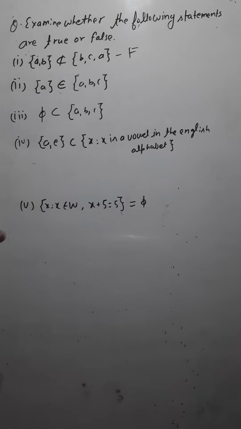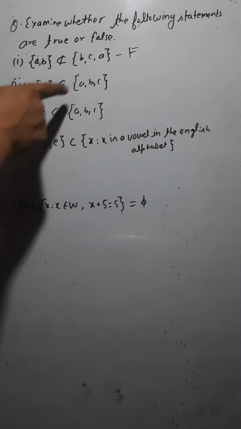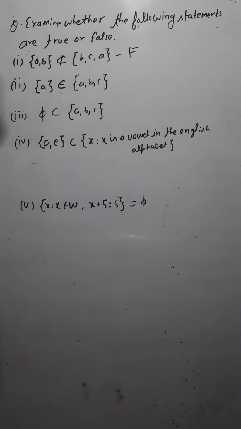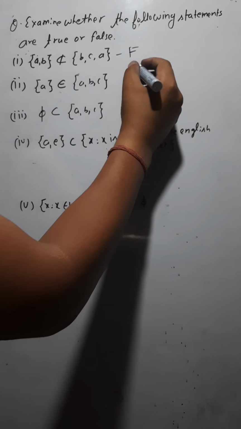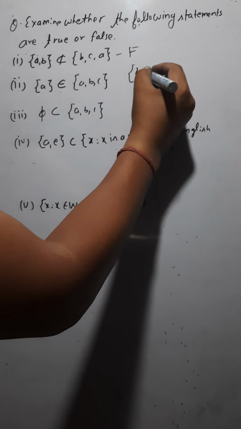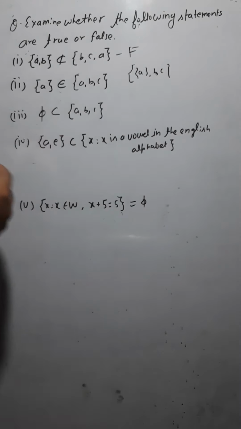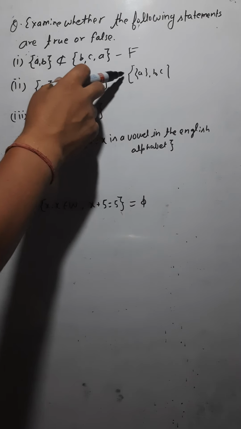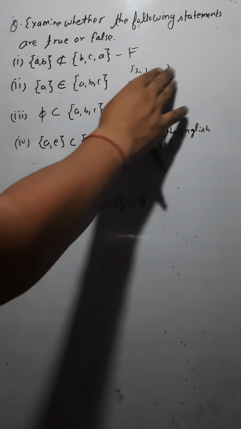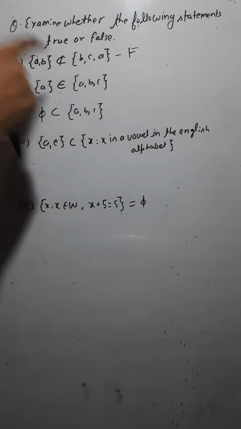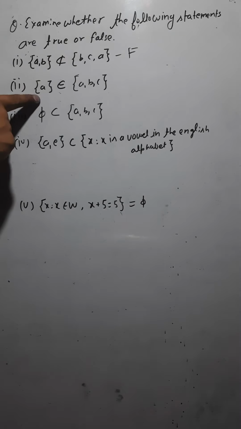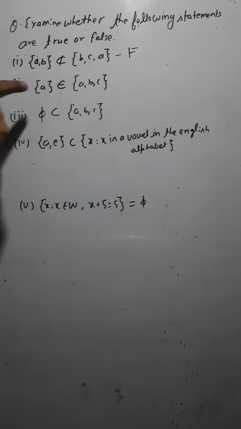No. This A is an element here, not a set. Had it been {A}, then B, then C, then it is true, because the complete set is there. But here A is an element of the given set. So this statement is again false.